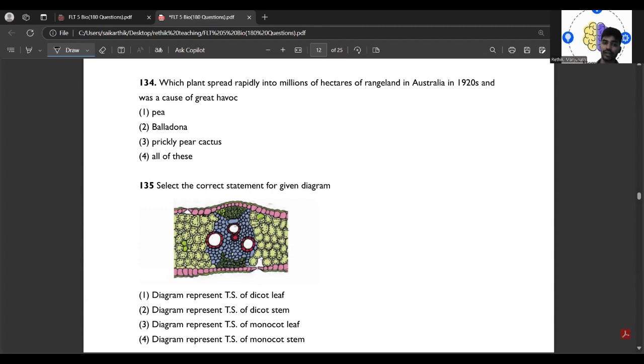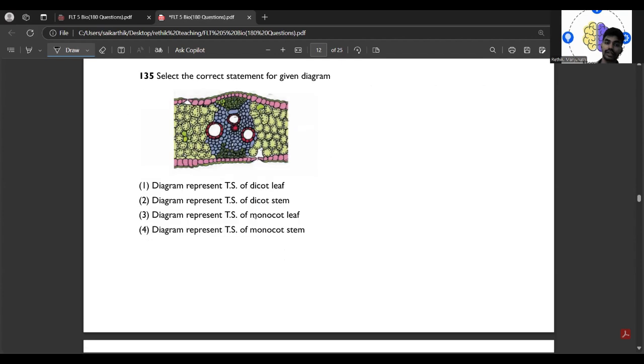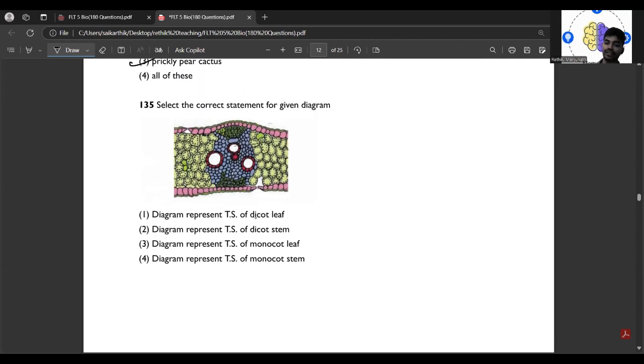That is prickly pear cactus. You remember it? It comes in ecology, especially organisms and populations.